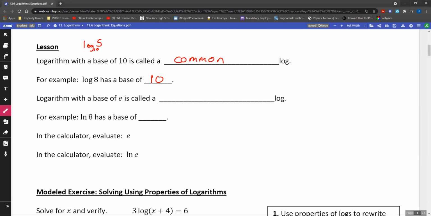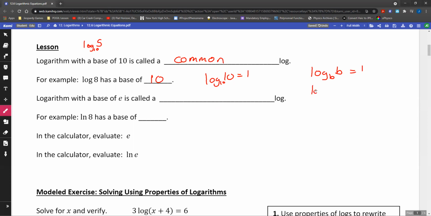Now, an interesting thing is that if you go into the calculator and you do log of 10, you get that log 10 equals 1. This is actually true for anything: if you take the log of a number, we'll say b, and that number matches the base for that log, it always equals 1.